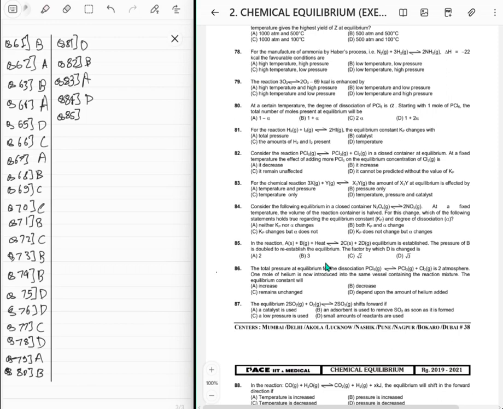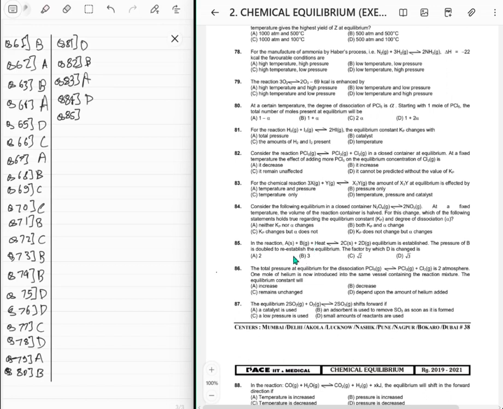Oh wait, I think it's saying that first equilibrium is established, then D changed by some factor, and then you change the pressure to re-establish the equilibrium.